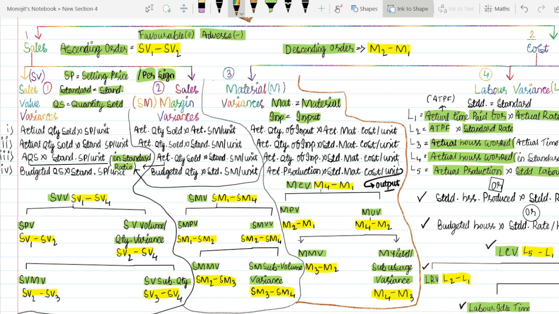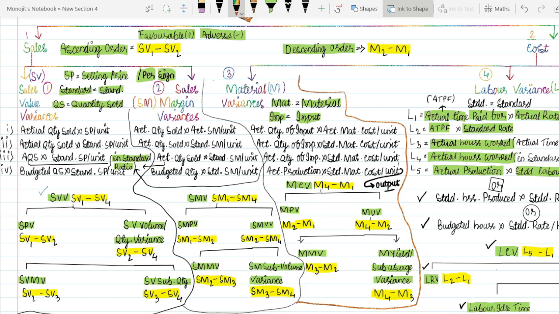So after applying all the formulas, now you need to find the sales value variances. There are five components of sales value variances, meaning in the examination they will ask to solve this component.